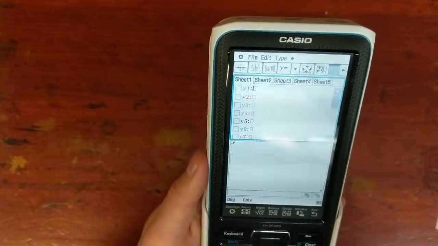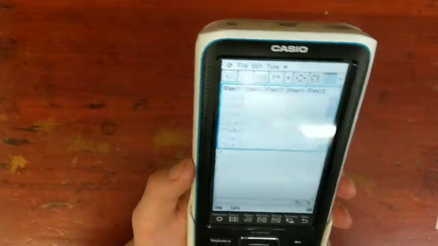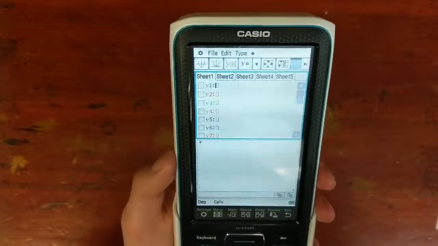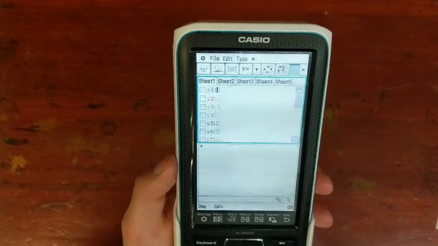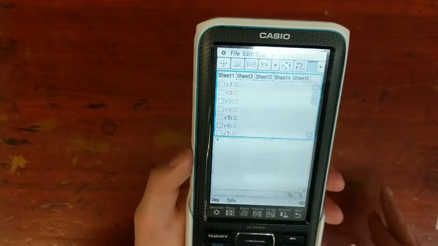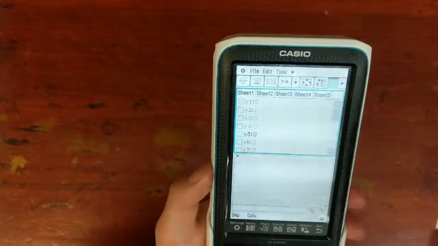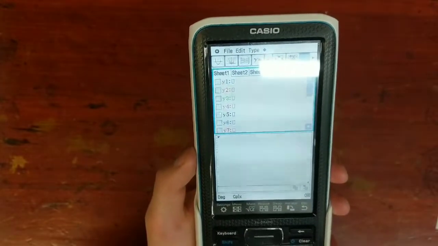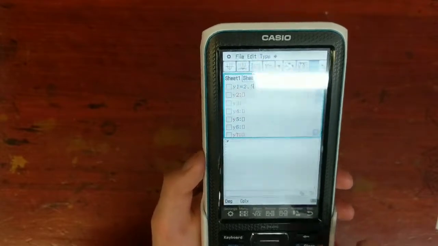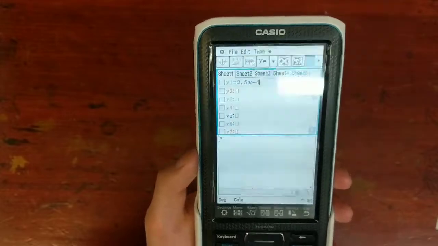We don't need to worry about this so much at the moment because everything that we need to be able to do we can do in the main page. But just to show you, if I have something that is in the format y equals something, then I can put that in here. So let's say I had y equals 2.5x minus 4, and I hit execute.